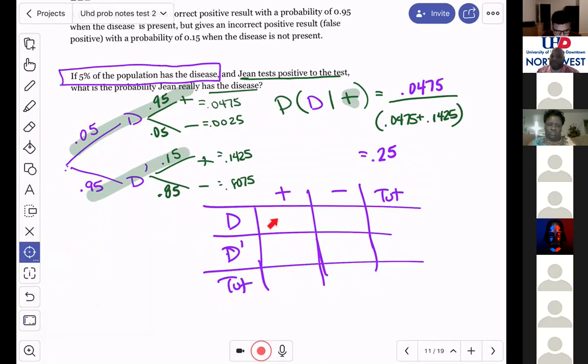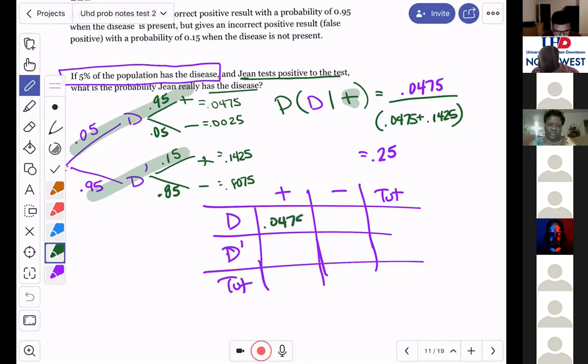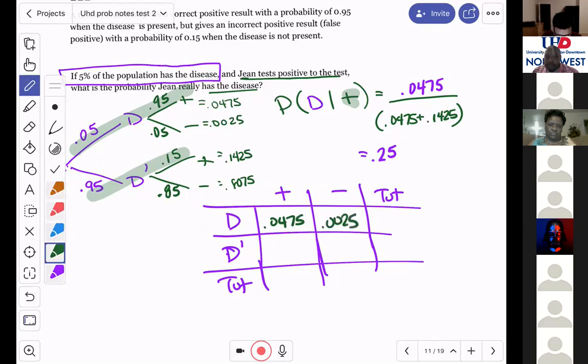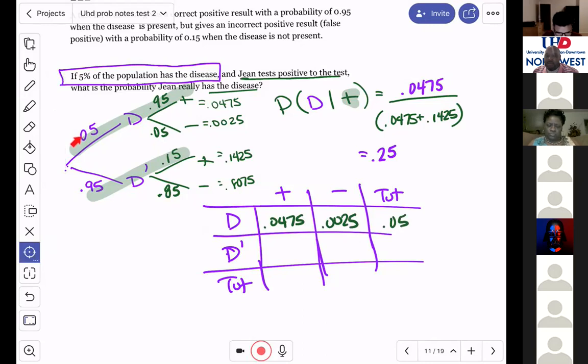That is 0.0475. Disease and negative goes in this cell right here. That is 0.0025. If you add these up across, what do you get? 0.05, and that's all the people that have the disease. See how they worked across the branch?